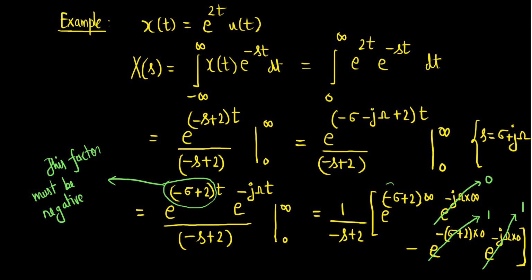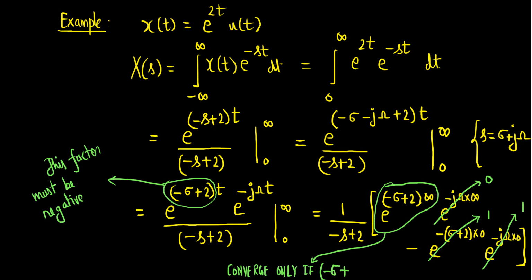This term is going to converge only if this factor here, minus sigma plus 2, is negative, that means less than 0.